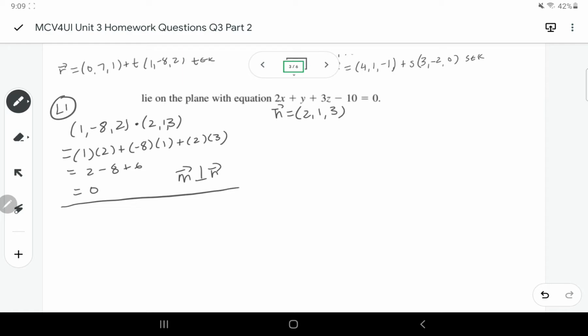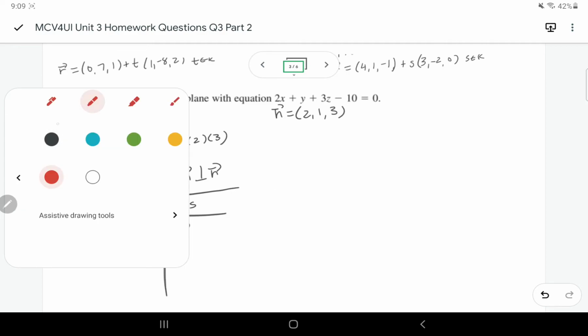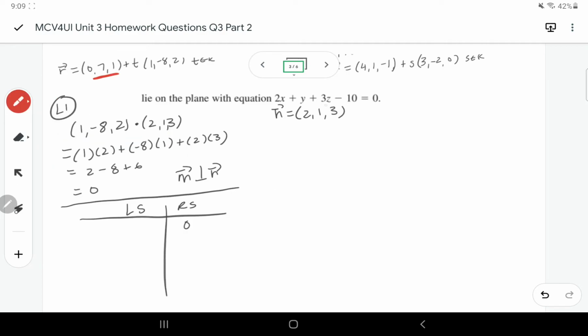The next thing I'm going to check is a left side, right side check of the equation of the plane. I'm going to check the point that I have and see, does that work as x, y, z values in the equation of the plane.